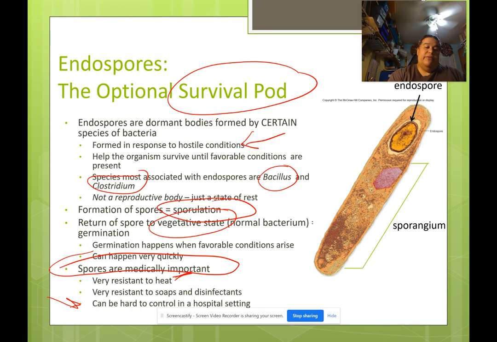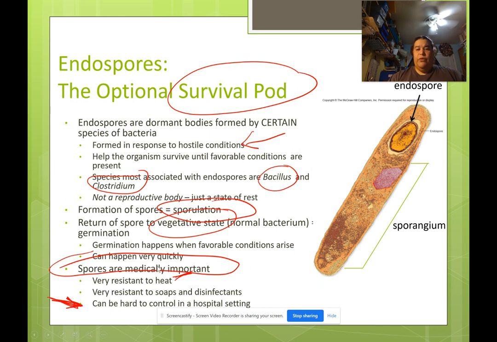This is a scary one for us, this last bullet here. In a hospital setting, endospores can be very hard to control because the way that you get rid of them may not work for the environment that you're in. So it's a balancing act, honestly.